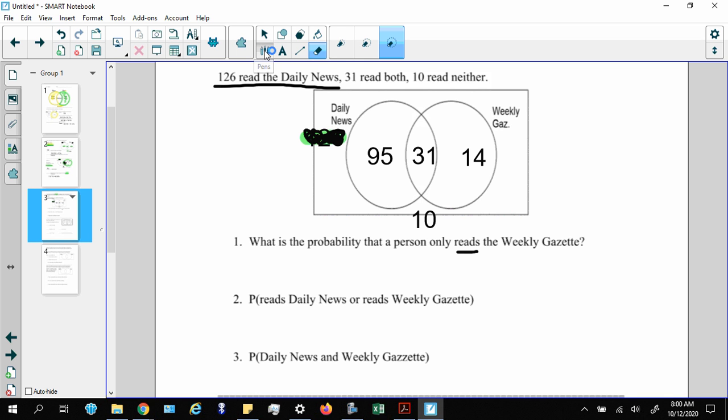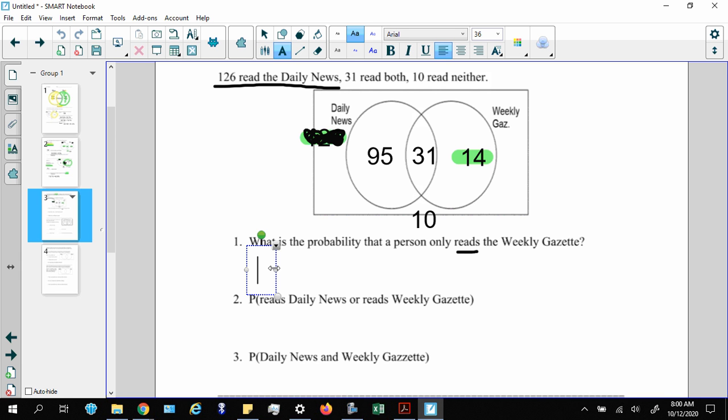And my computer froze up for a second. Hopefully you just see the circle even though it's spinning here. Only reads would be this 14. So it's going to be 14 divided by 150.